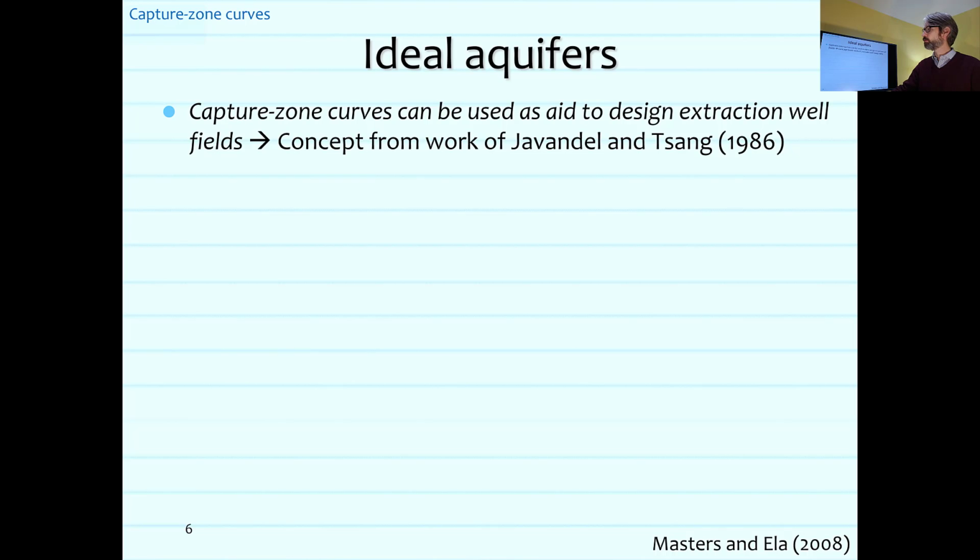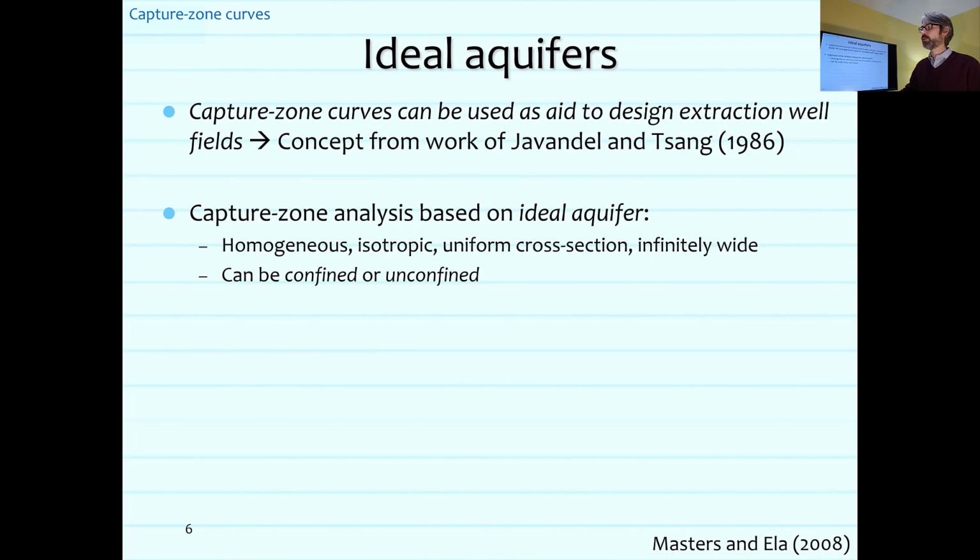Capture zone curves can be used as an aid to design extraction well fields for pump and treat systems. This is a concept from the work of Javandel and Tsang from 1986. The capture zone analysis is based on an ideal aquifer, and an ideal aquifer has these characteristics. First of all, it's homogeneous, isotropic, it has a uniform cross-section, and it's infinitely wide.